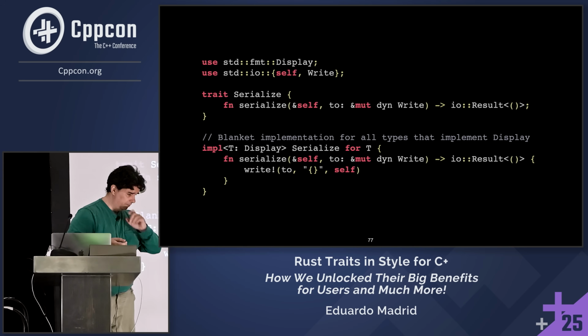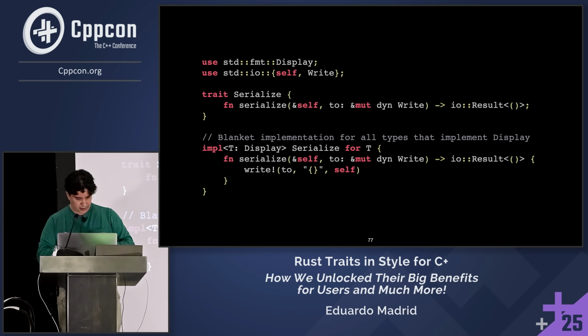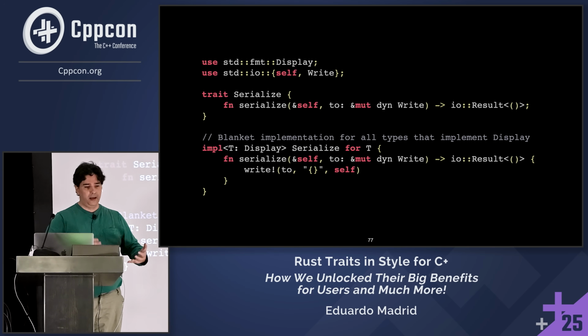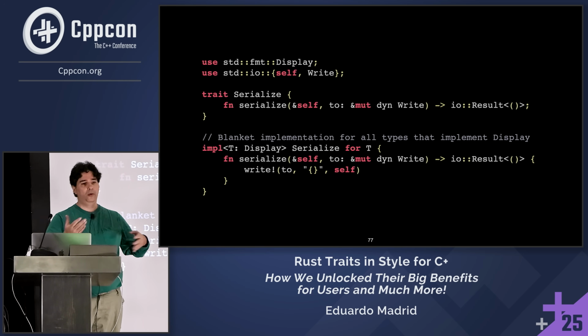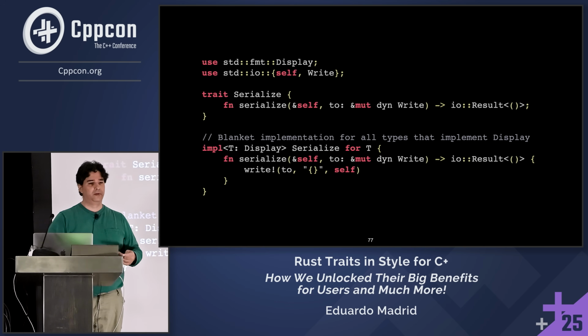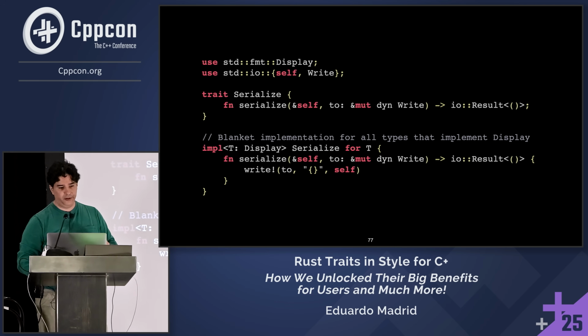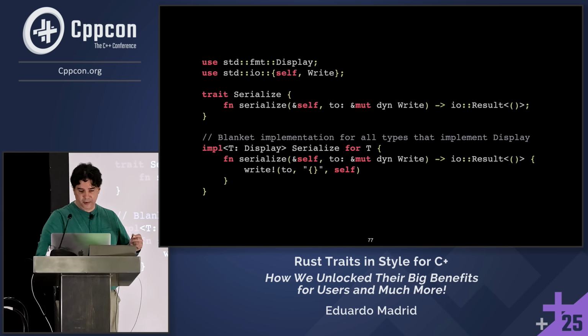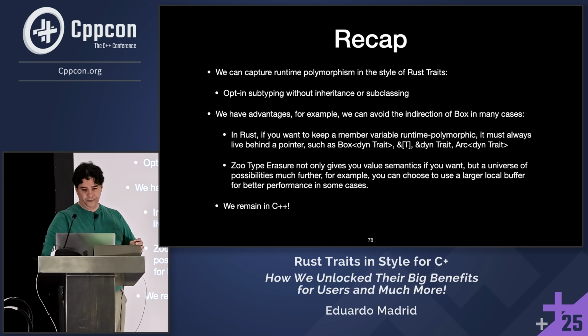By the way, formally, Rust traits are similar to C++ concepts. It's just like I said that we were not going to talk too much about the compile time capabilities of that language feature.